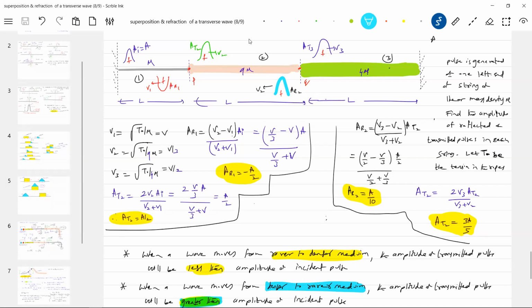Yochin, you are asking, sir, these statements are always correct. Okay, no, you only justify it because I discussed one numerical. Is it only for this numerical or is it a generalization?